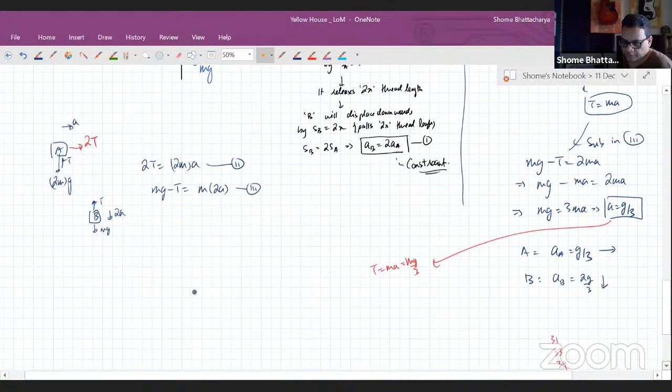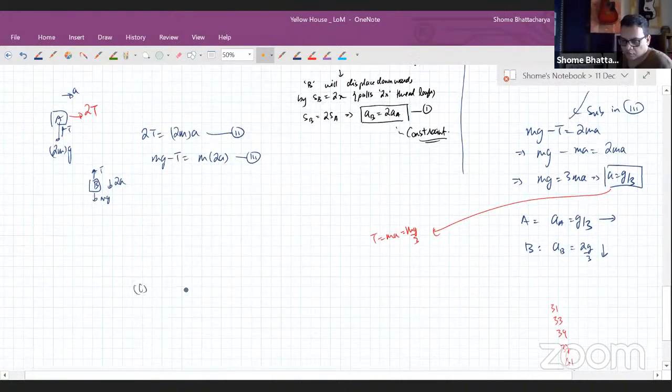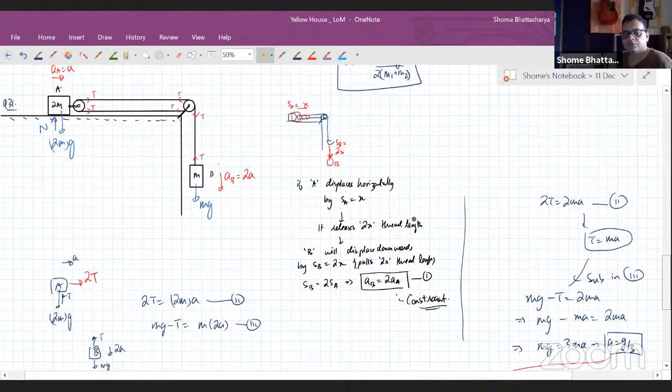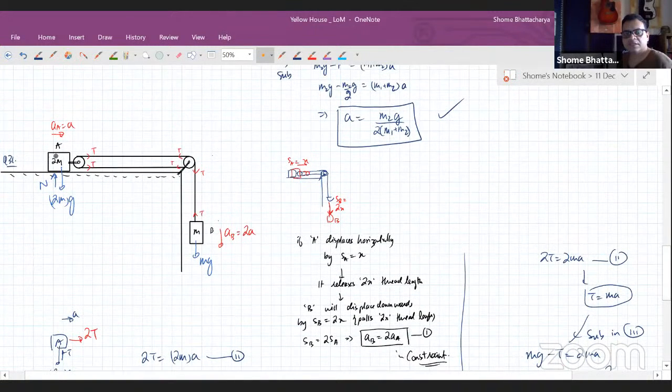So now the C part, you have to find the force exerted by the clamp on pulley A. Force exerted by the clamp on the pulley which they have labeled as A. So going back to the diagram, this pulley is labeled as A and this pulley is labeled as B. So on this pulley, you have to find out how much force is exerted by the clamp.